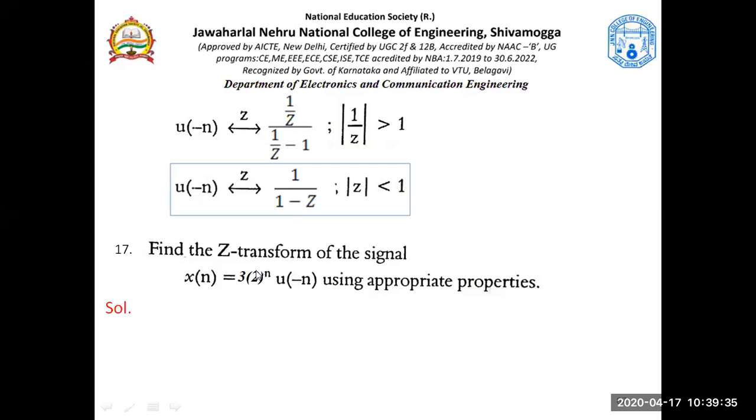But to begin with, you should understand there is 2 power n and u of minus n. We know the z transform of 2 power n u of n, but there is a minus here.